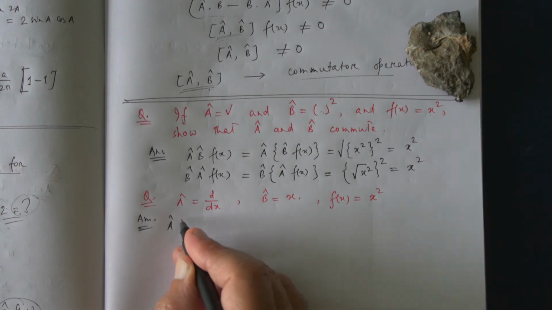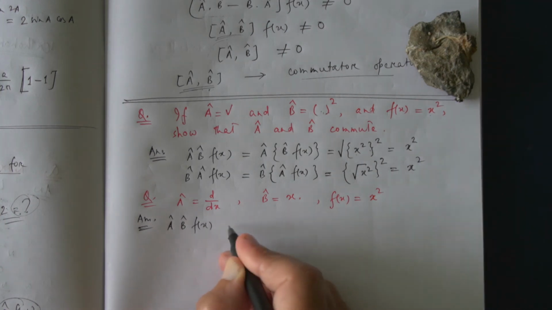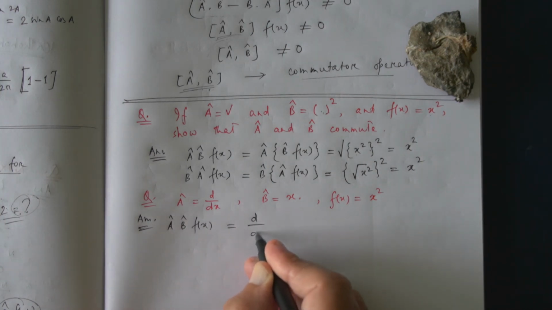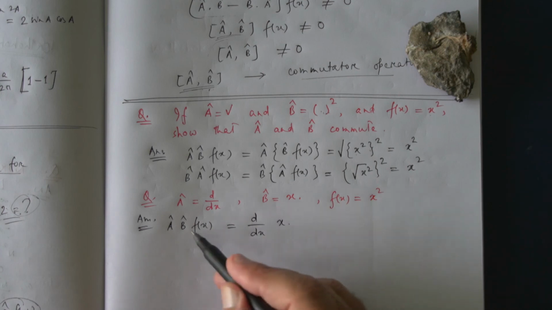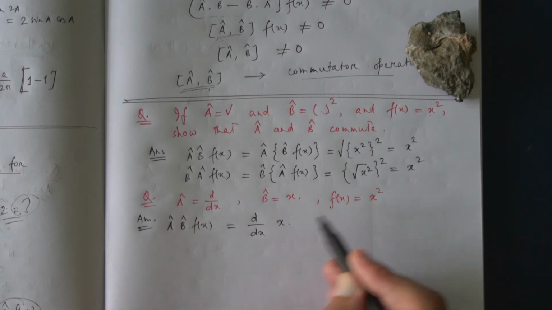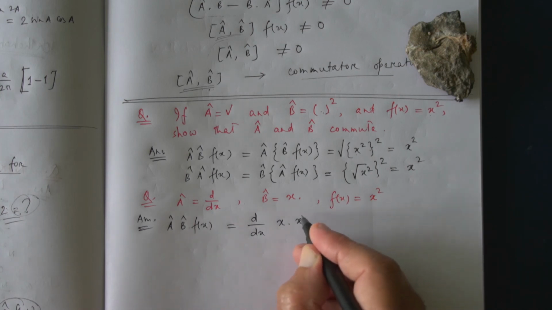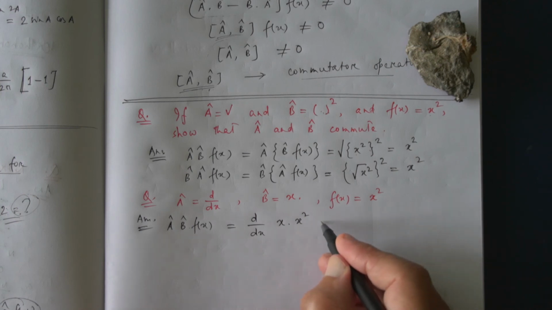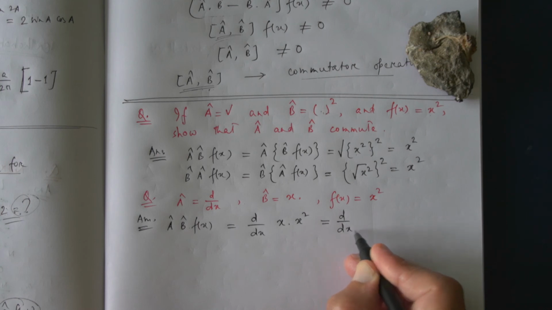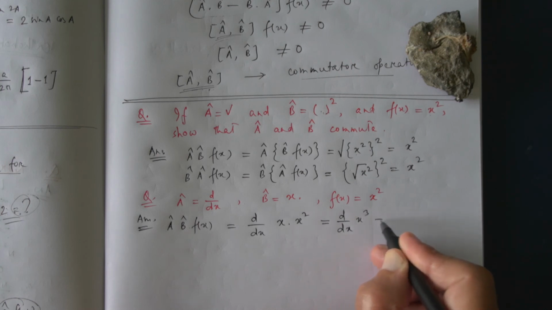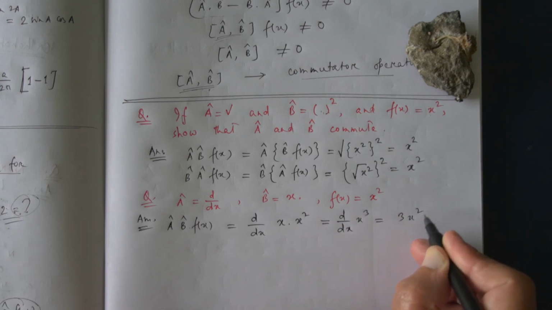Now again you do this: AB f(x) equal to d/dx of x, B multiplication by x, f(x) x square. This is equal to d/dx of x cube, that is equal to 3x square.